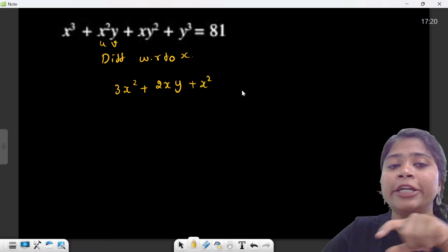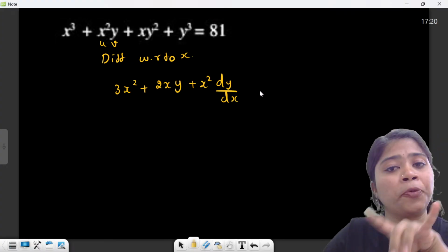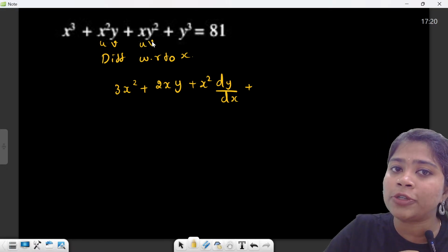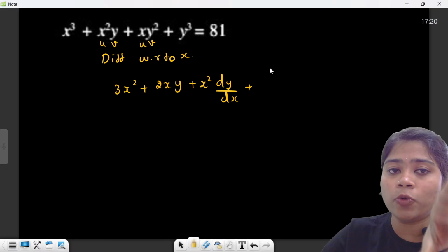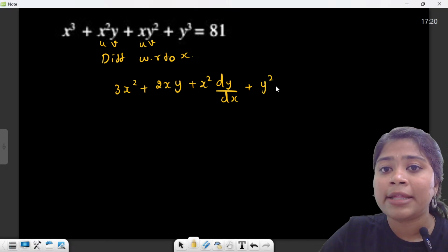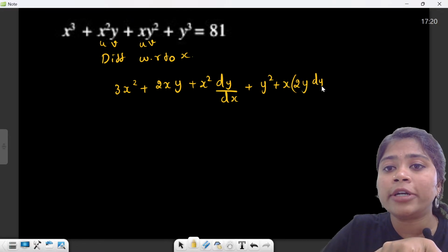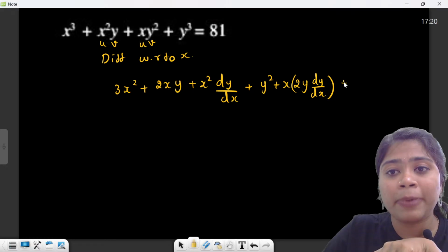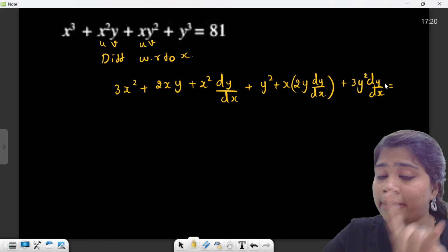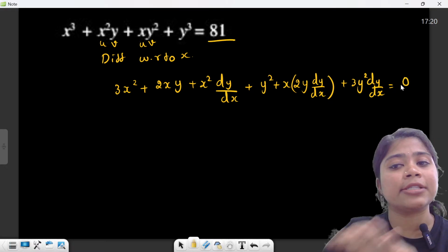Then differentiate y; if you are differentiating y with respect to x, you put dy by dx. Plus, again here you use the uv method. So x differentiation is 1, y squared will remain as it is, plus x will remain as it is, 2y into dy by dx, plus 3y squared dy by dx. And remember, this is a constant, so constant differentiation is 0.